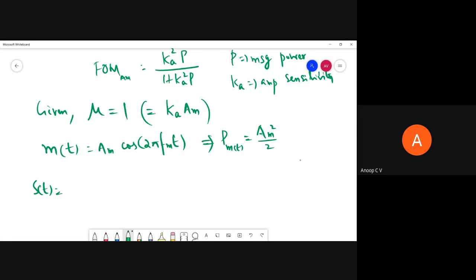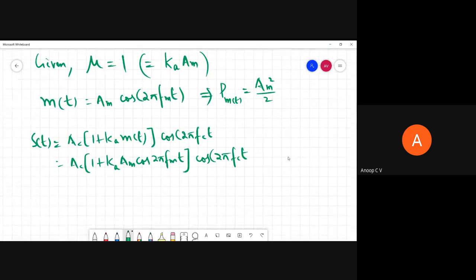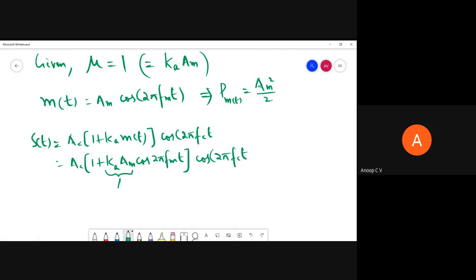It is a standard AM: Ac into 1 plus Ka m(t) cos 2 pi fc t. But here m(t) is actually Am cos 2 pi fm t. So this is Ac into 1 plus Ka Am cos 2 pi fm t times cos 2 pi fc t. And Ka into Am, you know, is equal to mu.